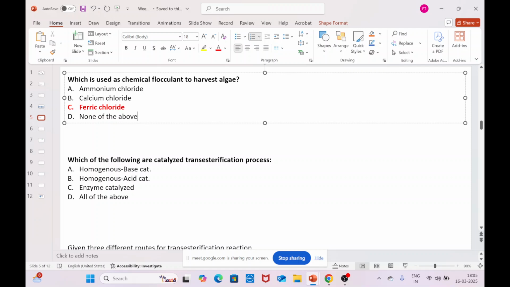First of all, what is a chemical flocculant, or what is a flocculant as such? What is a flocculant?